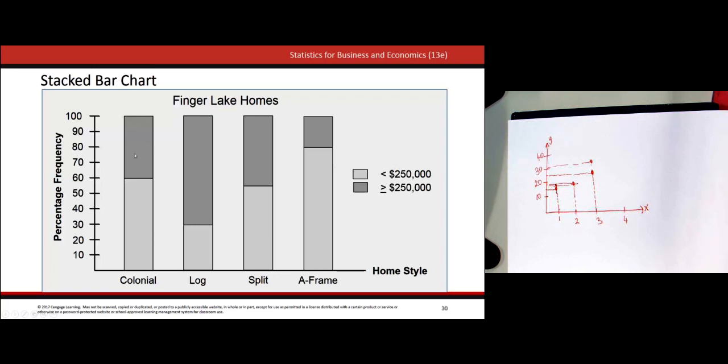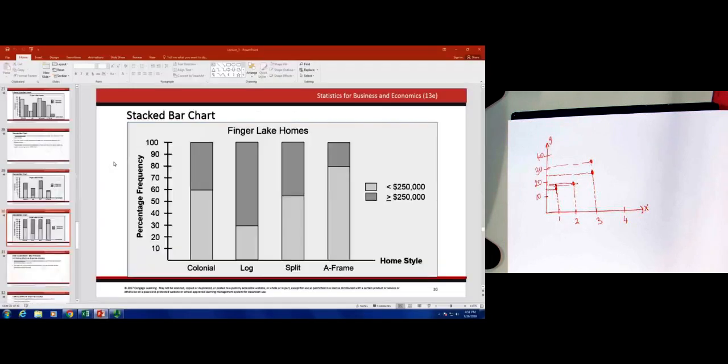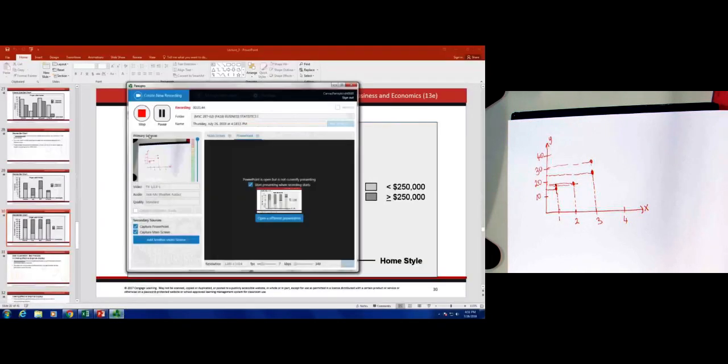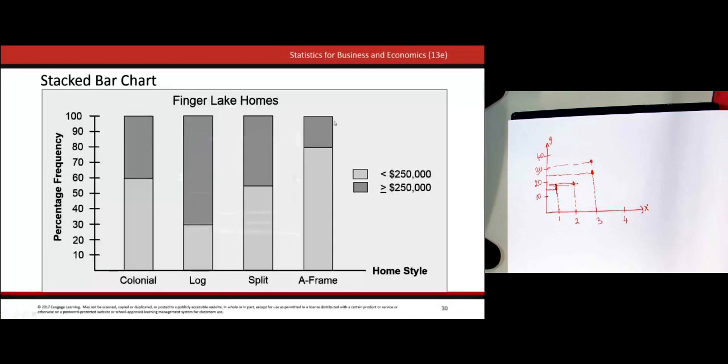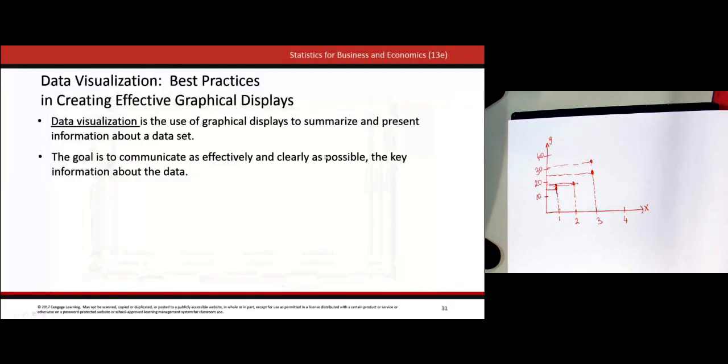Now you can see what percentage is colonial. So for the colonial home style, 60% is less than 250 and 40% is larger than or equal to 250. This is a stacked bar chart.